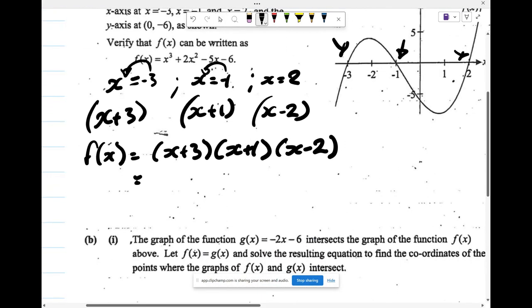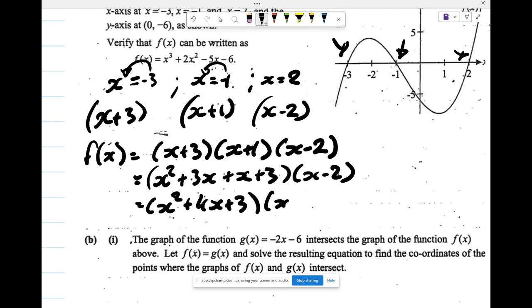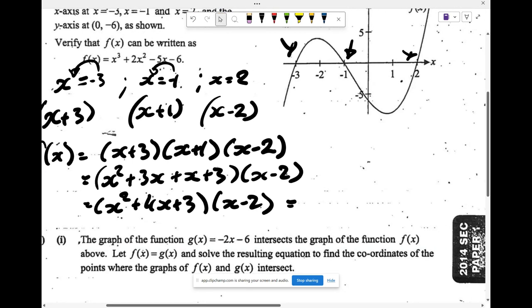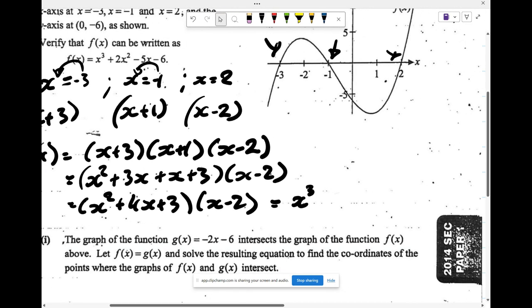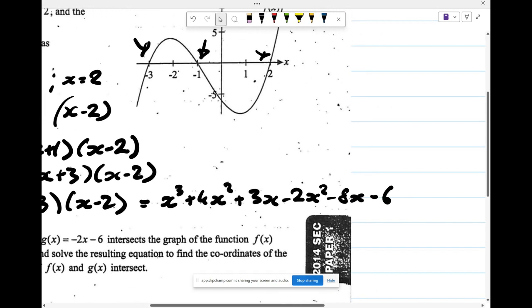So yeah, let's do that quickly. So that's x squared plus 3x plus x plus 3. And all that's times x minus 2. So that's x squared plus 4x plus 3 times x minus 2. And that's going to be equal to x cubed plus 4x squared plus 3x minus 2x squared minus 8x minus 6.